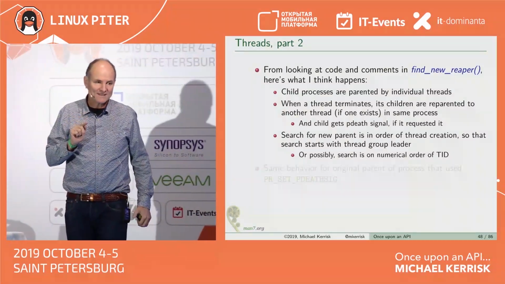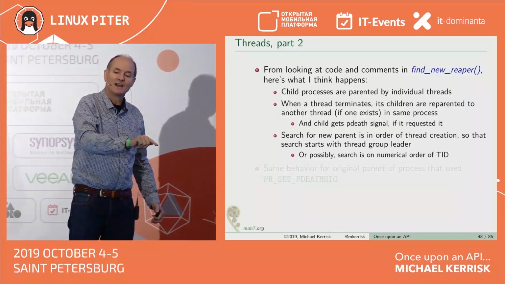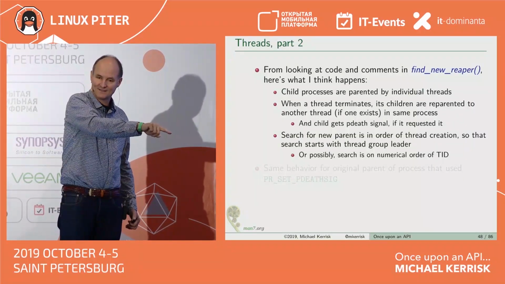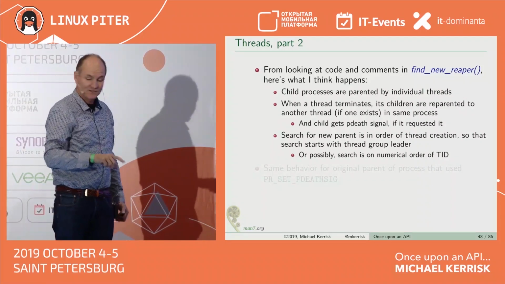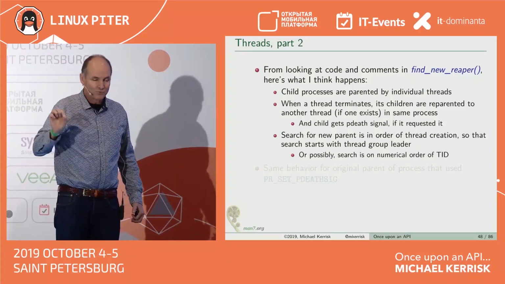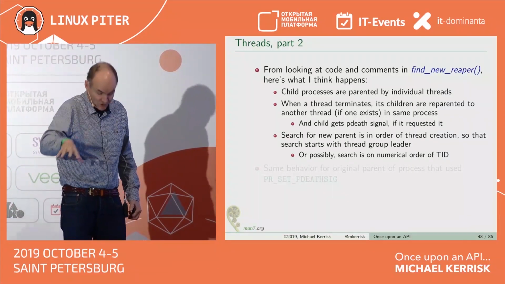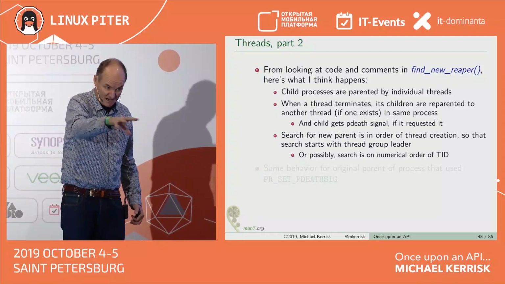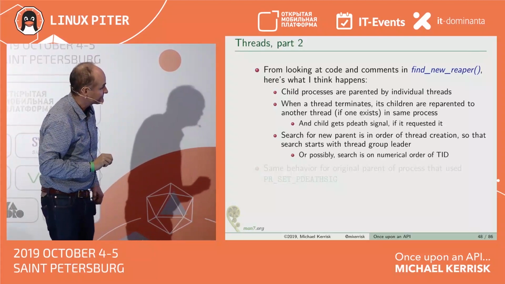When one of those threads terminates, the kernel says, I need to find a new thread that can be the parent of this child process. It searches among the other threads in the multi-threaded process, finds a suitable new parent, and reparents the child process to that other thread. The child gets a signal along the way.